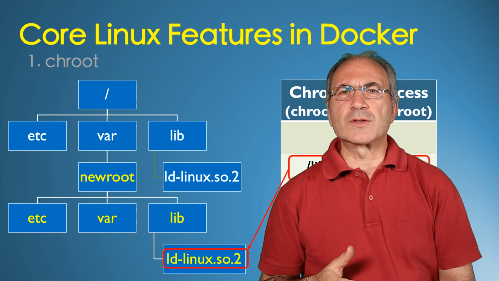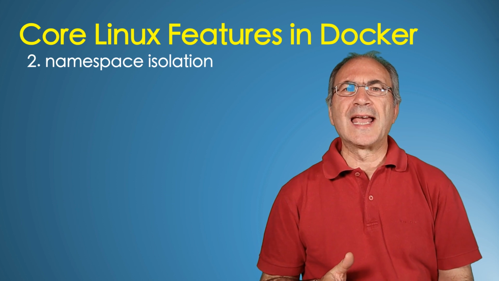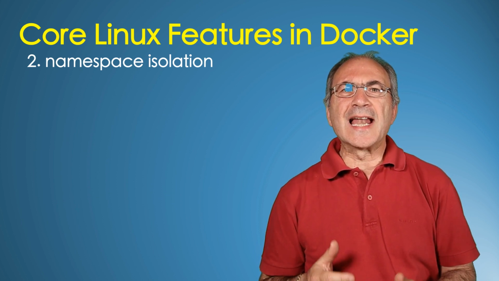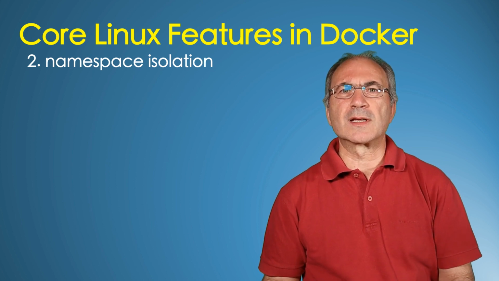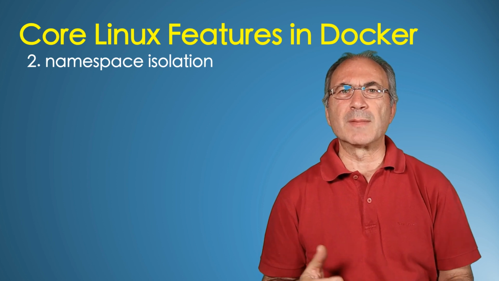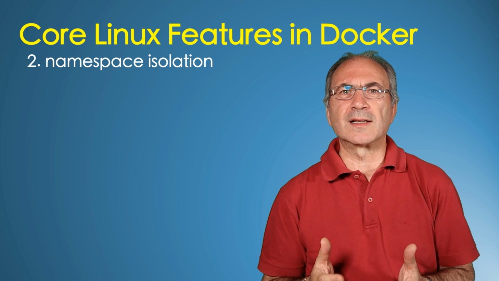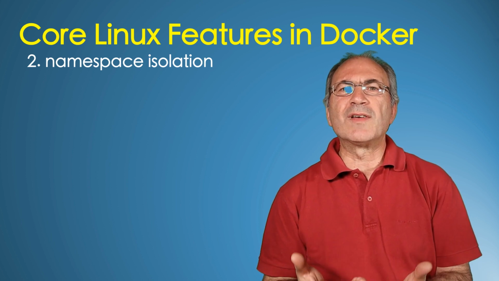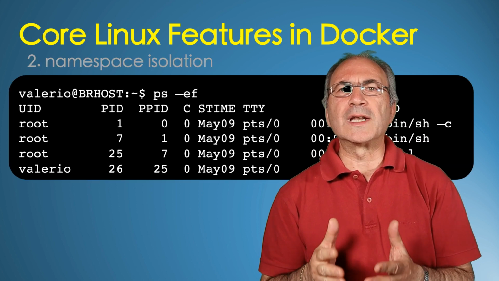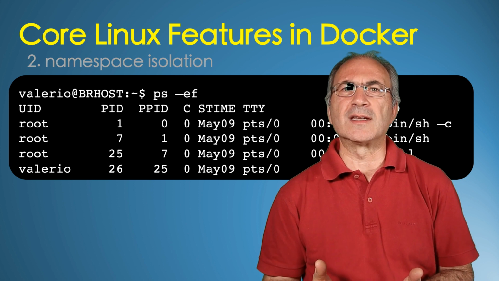Another core Linux feature used by Docker is the so-called namespace isolation, a similar concept to that of a local variable in a function. This is a Linux feature to have a process with limited visibility of the namespace of the entire system. This means that, for example, if this process uses standard Linux library calls to have a list of processes running on the system, it will see only itself and eventually other processes that it has created.